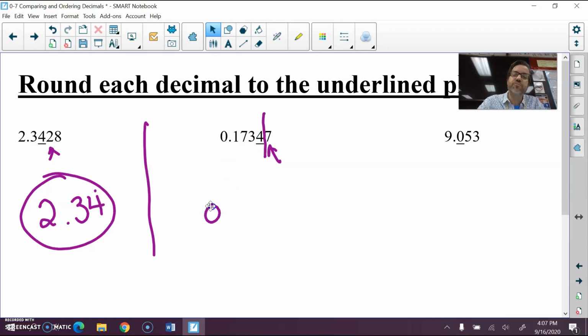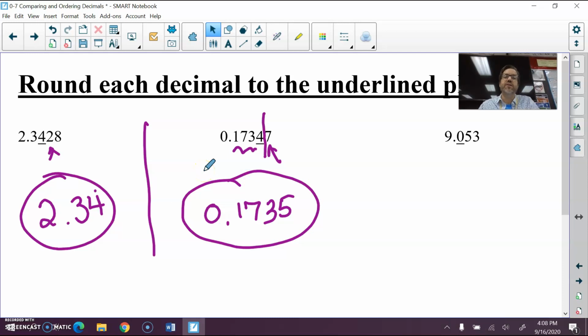So I have 0.1735. Notice I'm showing every one of these digits all the way up through the 10,000ths place where we had the 4 that was underlined. Okay, so this is rounded to the nearest 10,000th.